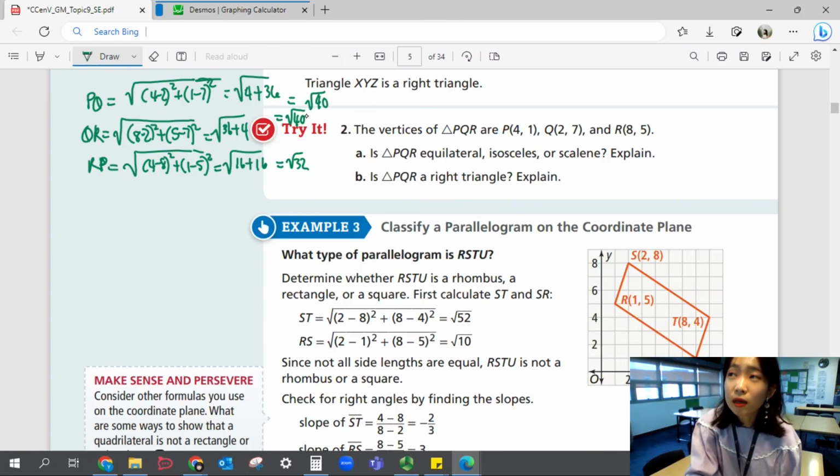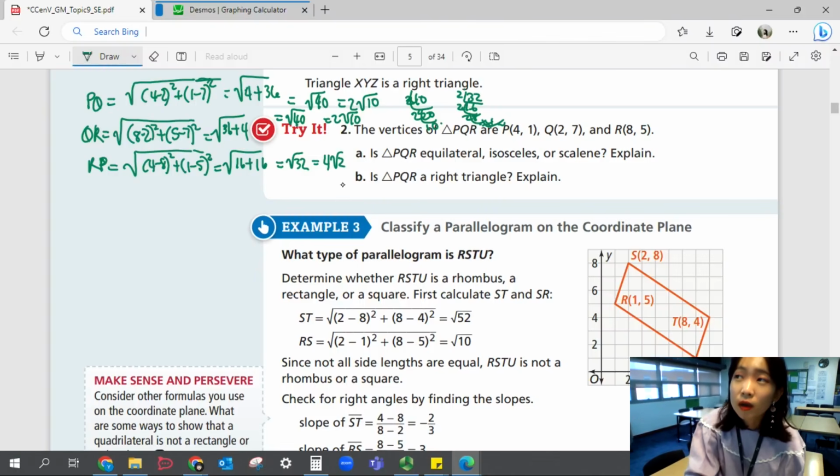Can you simplify them? You can. Let's see. So divide 40, you have 20 and then 10. So that's really 2 square root 10, 2 square root 10. Divide 32, 8 and then 2, 4 and then 2, 2. So that is 2 times 2, 4 square root 2. Okay. But if you look at square root 40 and square root 32, you know PQ and QR are going to be equal.